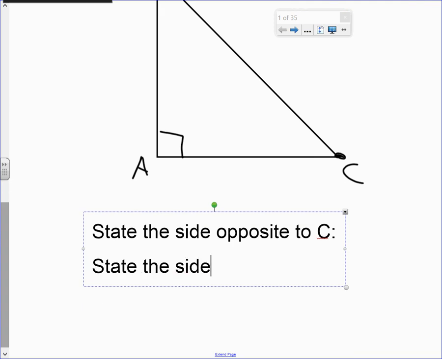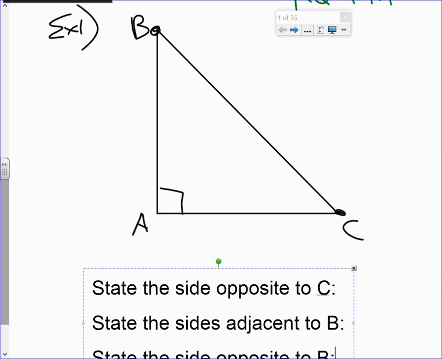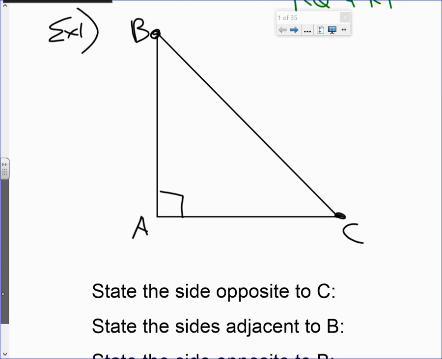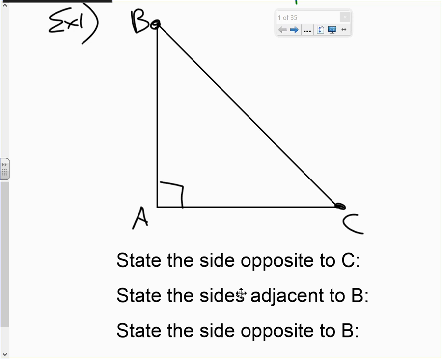State the sides adjacent to B. State the side opposite to B. Because some are plural, some are singular, if you think about it. Think about what I'm saying here. Go and try it on your own for about a minute. Based on the first example I gave you, see if you can do this.